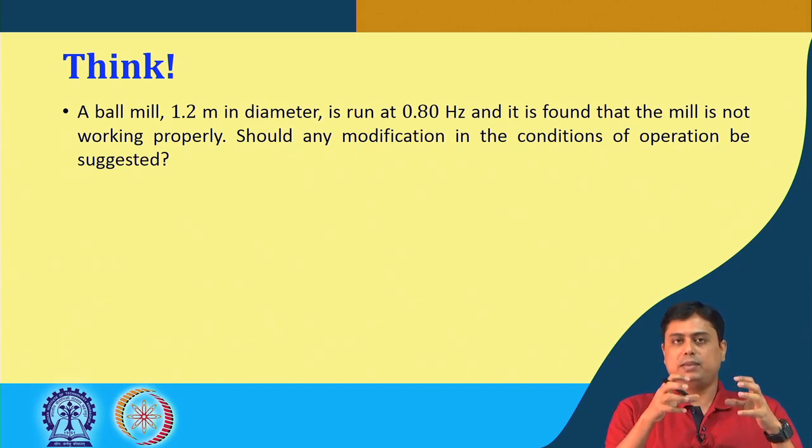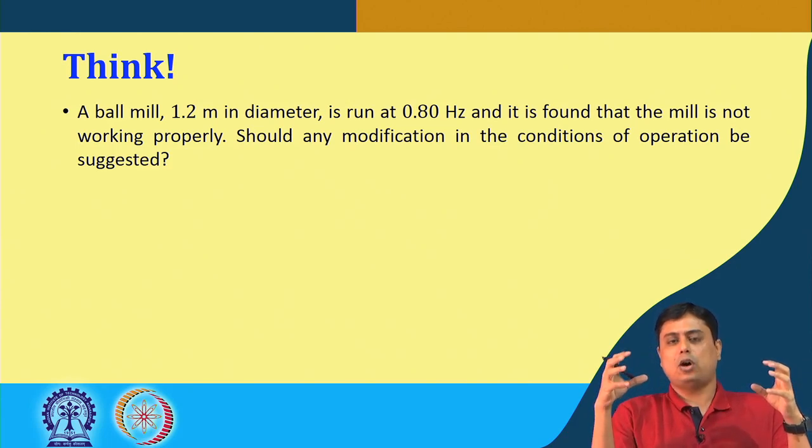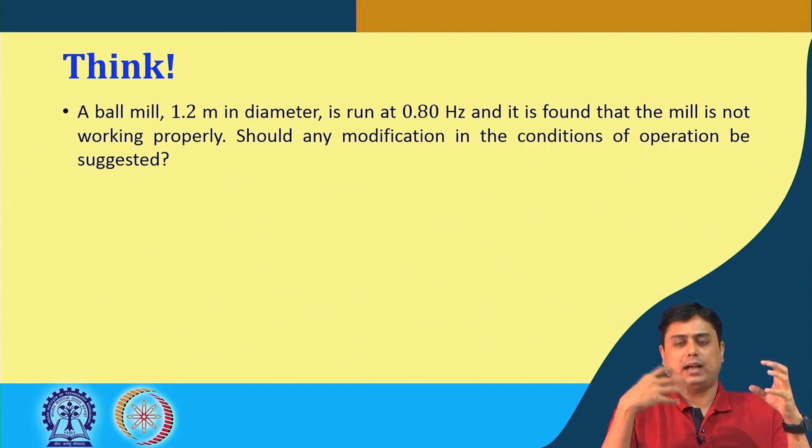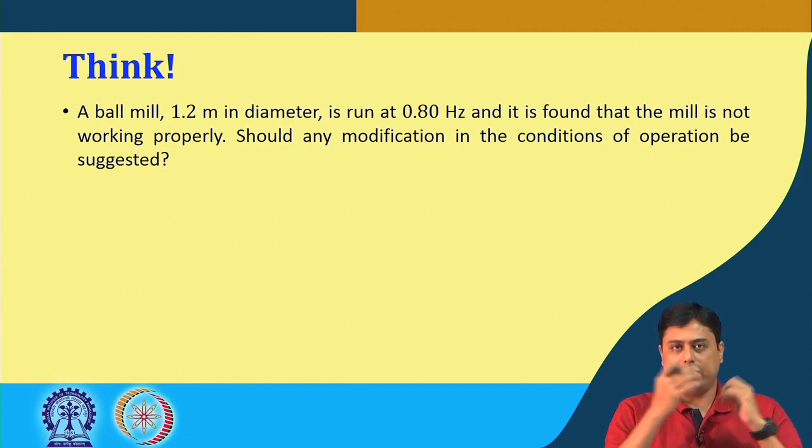This information basically gives us an idea that it is talking about the critical speed, that we have a known diameter and it is operating with a certain angular velocity, but that velocity is not enough, and that is why it is not working properly. So, is there any modification that is needed?